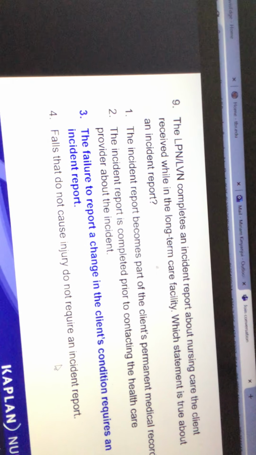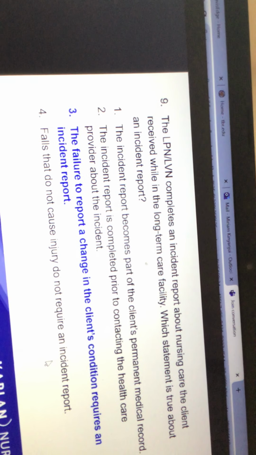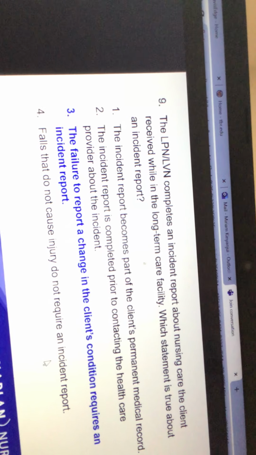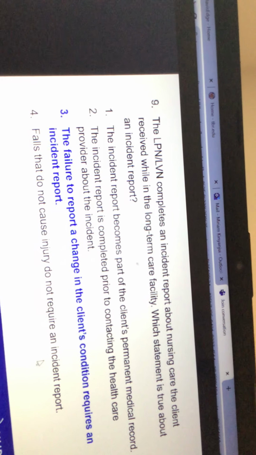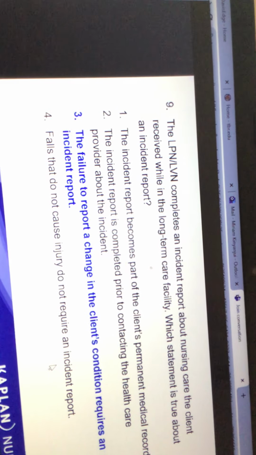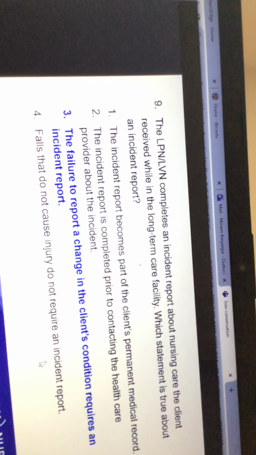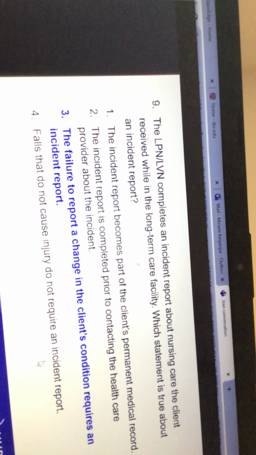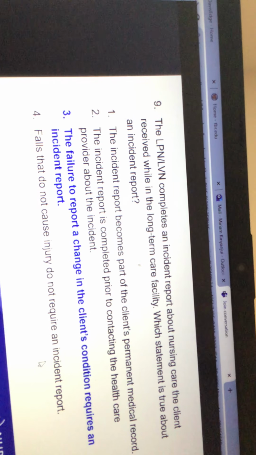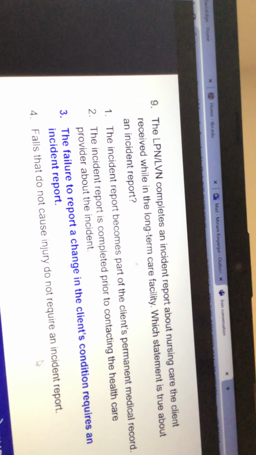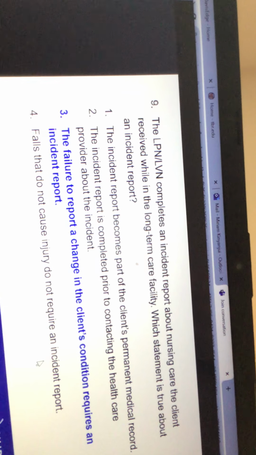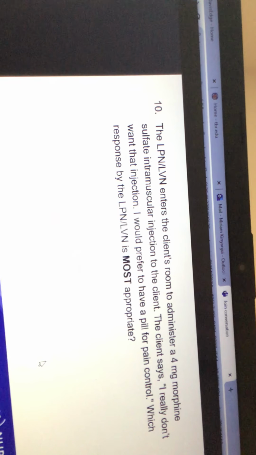You call the doctor first. And then when you're filling out the incident report, it'll ask you right on the incident report, did you notify the healthcare provider? So that's why number 2 is not right. You don't do the incident report and then call the doctor. You call the doctor first. Very good. Good job, you guys.